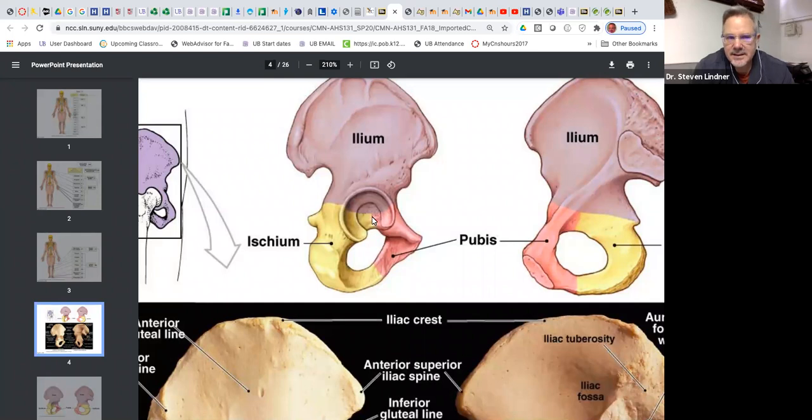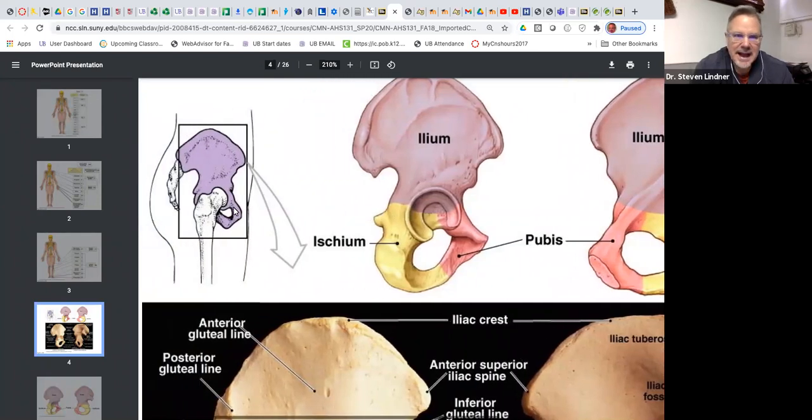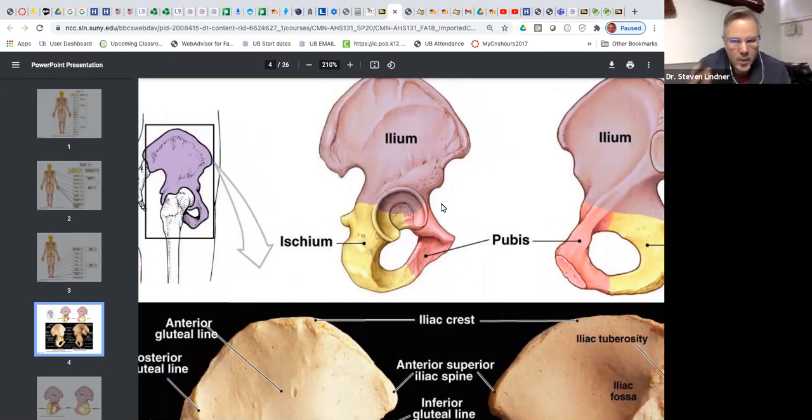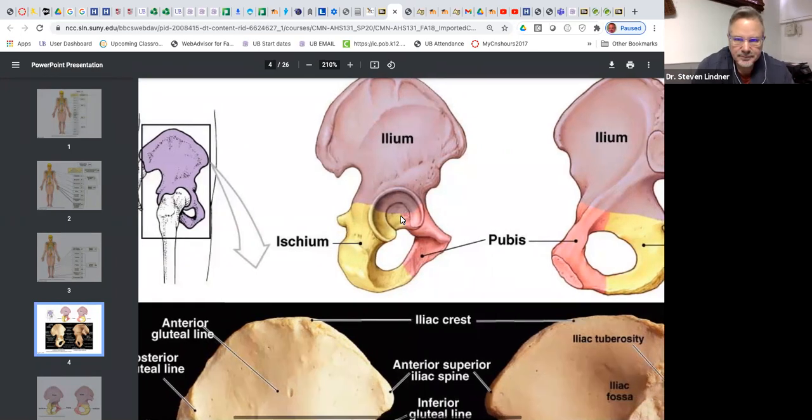So if you could see the acetabulum, you're looking at it from the outer view, and that's where the head of the femur is going to fit to form the ball and socket joint. Much more stable than the glenohumeral joint. Why? Because this is a weight-bearing joint. The shoulder joint is not. So in comparison to shoulder injuries, to hip injuries, the shoulder can dislocate much more frequently and commonly than does the acetabulofemoral joint.